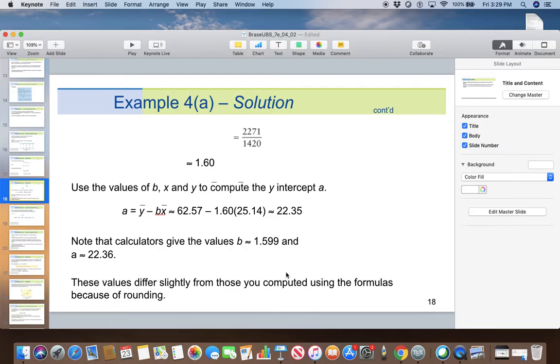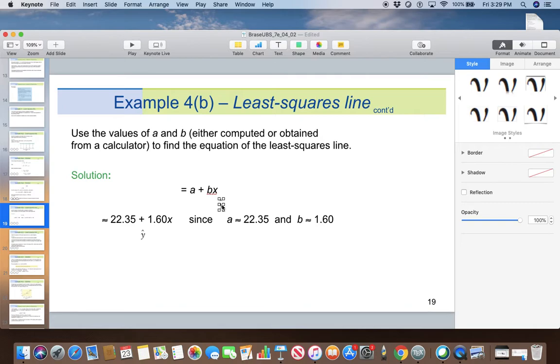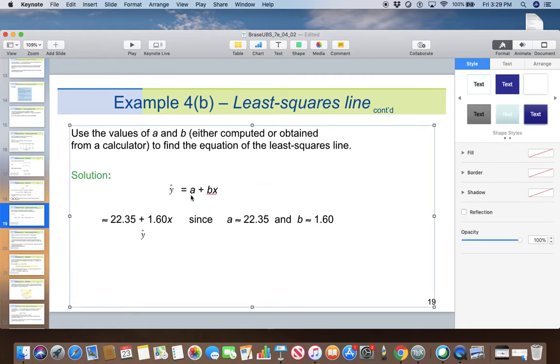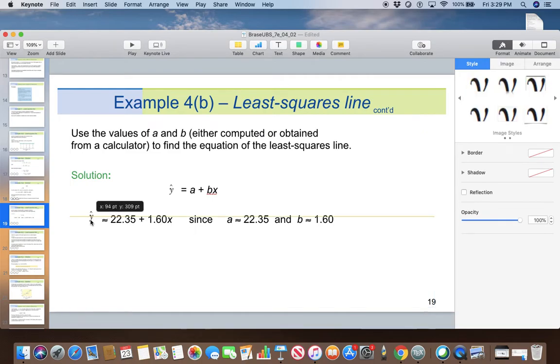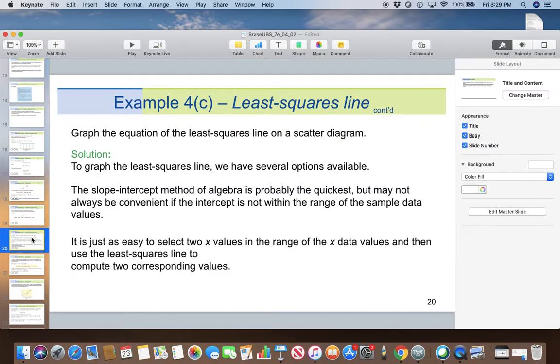So you have a and you have b, and that gets us y hat, which is a plus bx. So that is y hat, the equation of the least squares line, and you use y hat for prediction purposes.